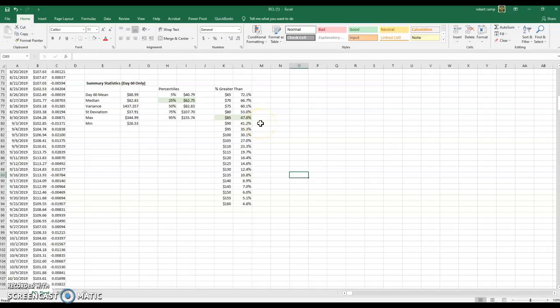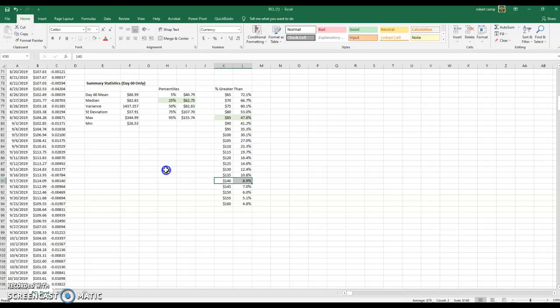That there is a 47.8% chance that the Royal Caribbean stock price will be greater than $85 60 days from now. And if we were going for like the 140, well, there's an 8.9% chance that the stock price would be greater than $140 60 days from now.